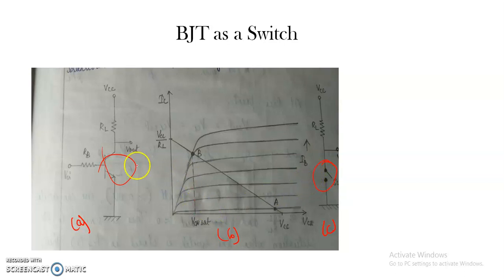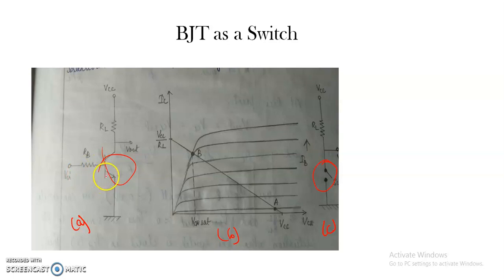We can see from the circuit that when the input voltage Vin is low, almost 0 or less than 0, the transistor is cut off and its operating point is represented by point A in this common emitter characteristics figure. At this point, when Vin is 0, IB equals 0, so IC is approximately equal to 0.